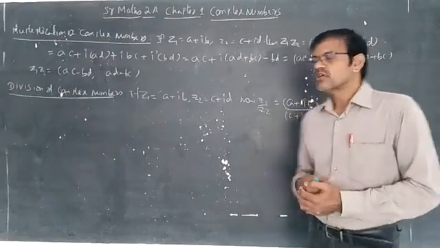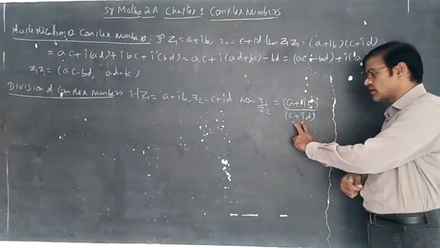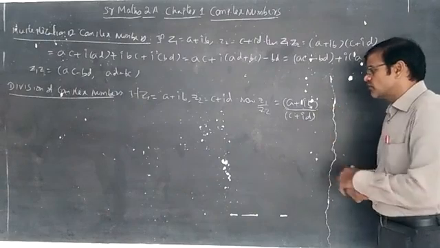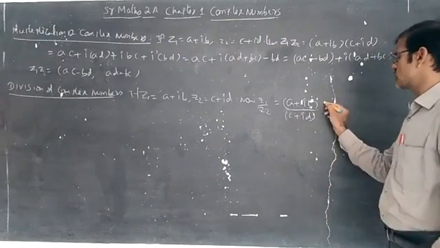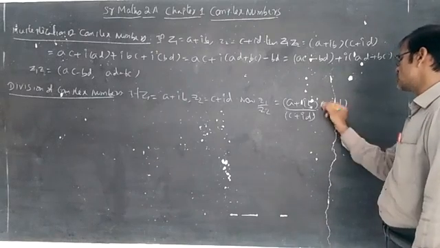In a similar way, you can multiply with the opposite sign of the denominator complex number. The opposite sign of the denominator complex number, you can understand here as c minus id.